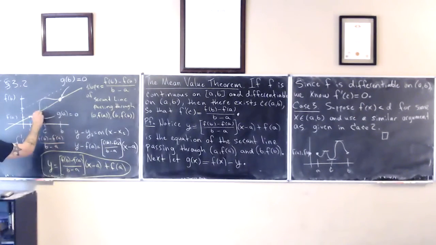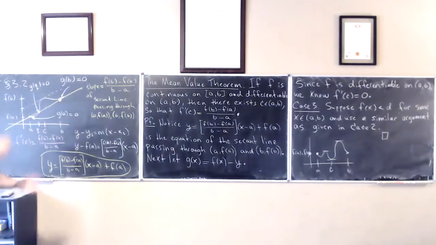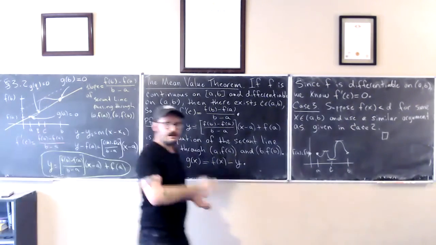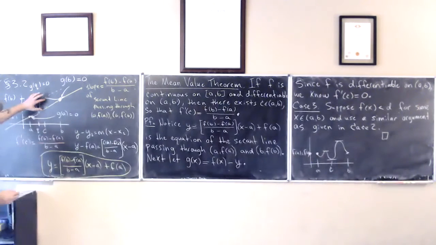There's also here, whatever that number is, if it's like q or something, g of q is equal to 0 because there's no distance between the function and the secant line. But over here, there is some distance. So 0, some distance. Hopefully that makes sense.